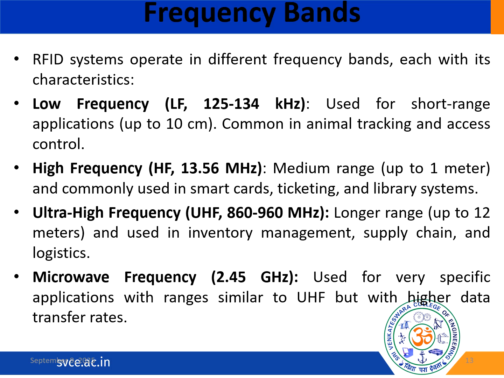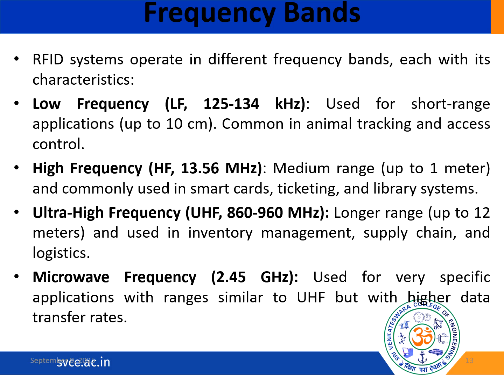And next, moving on to the frequency bands. RFID systems operate in different frequency bands, each with its own characteristics. First, we have low frequency, denoted as LF, ranging from 125 to 134 kilohertz.